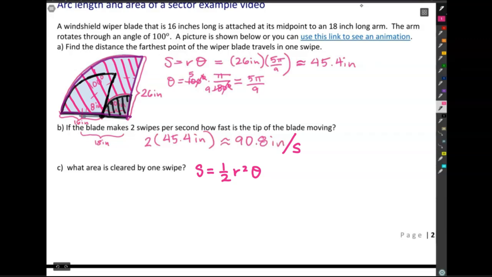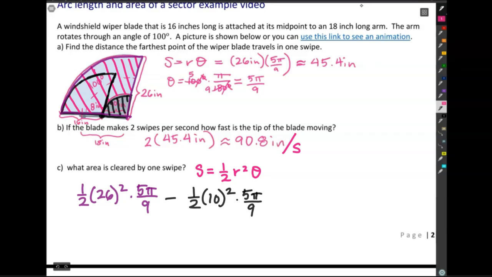So for the entire thing, we're going to have 1/2 of 26 squared times our theta, which is 5 pi over 9. And then we need to subtract off 1/2 of our 10-inch radius area multiplied by theta, which again is 5 pi over 9.